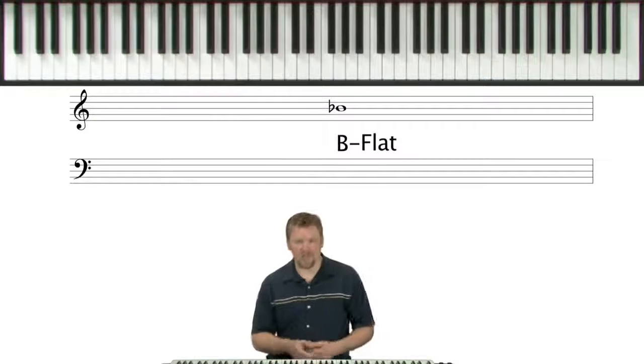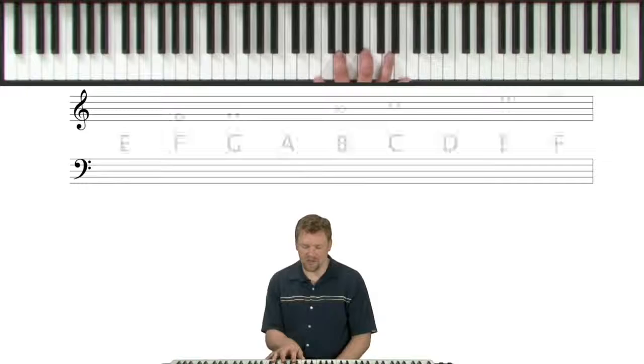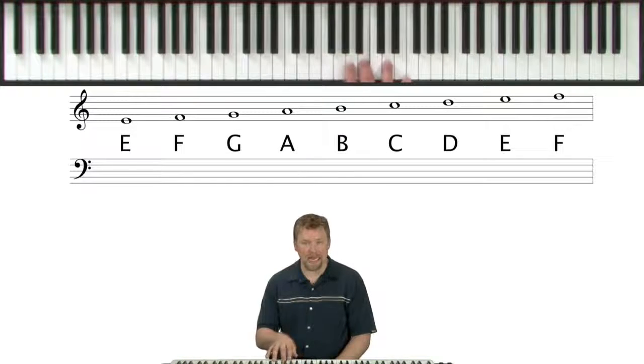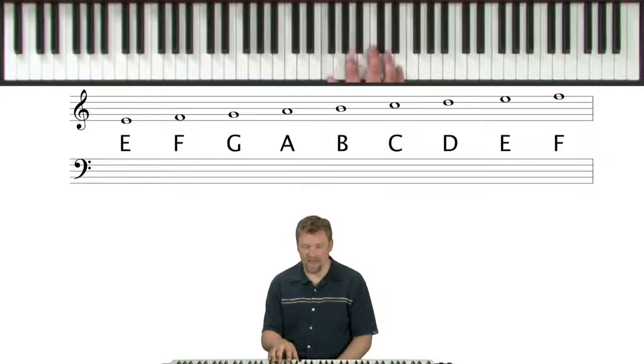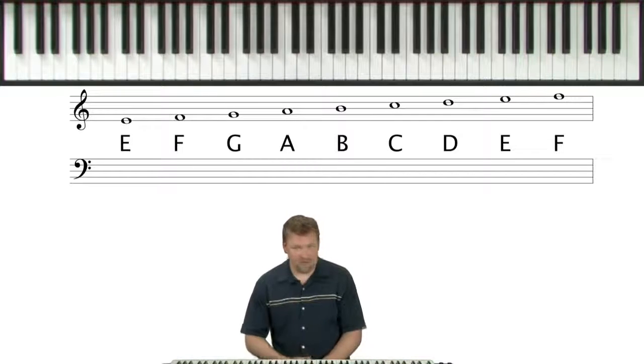So, let's review that a little bit. We've got the lines that show us the notes E, G, B, D, and F. Then we have the spaces that show us the notes F, A, C, and E. We've got a sharp symbol.